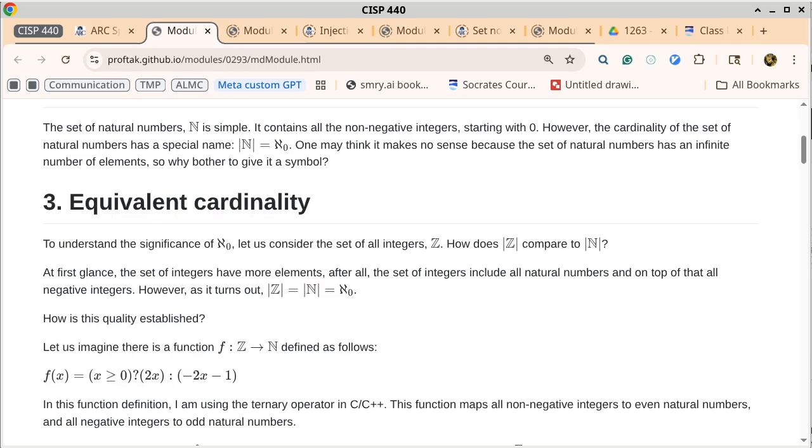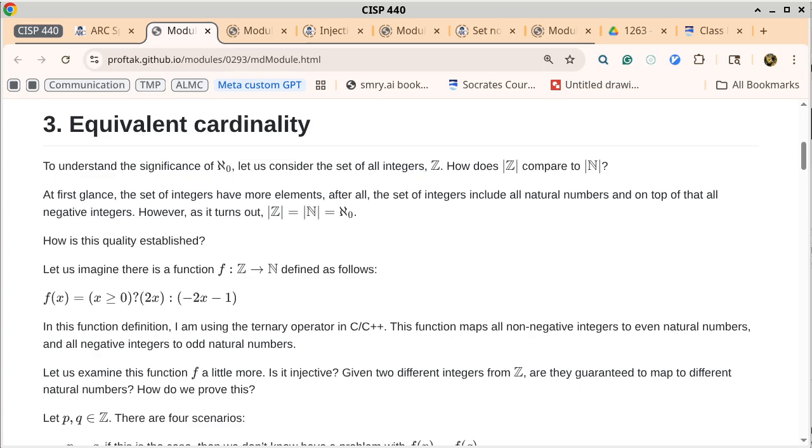So this is established by having a bijection. f is a function, but in this case, it has to be a bijection mapping from the set of all integers to the set of all natural numbers. The way it is done is by looking at whether x as an integer is negative or not.